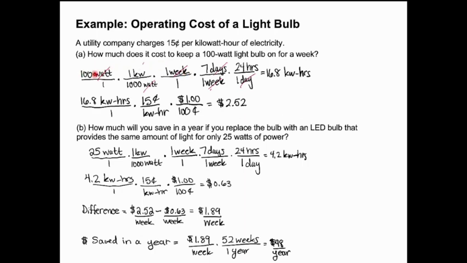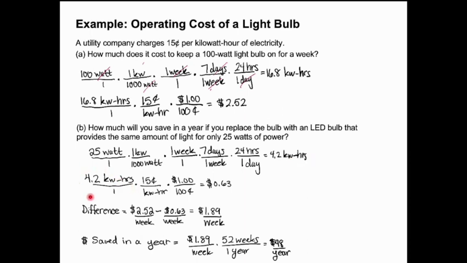All you have to do is walk through the same exact process, but instead of starting off with 100 watts, we're going to start off with 25 watts. So I just switched that out from 100 watts to 25 watts, and I'm going to go through the same process. What I'm going to find is at the end of the week, I would have used 4.2 kilowatt hours.